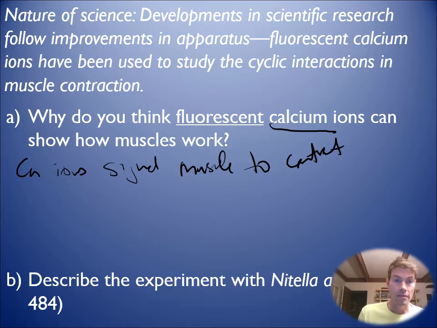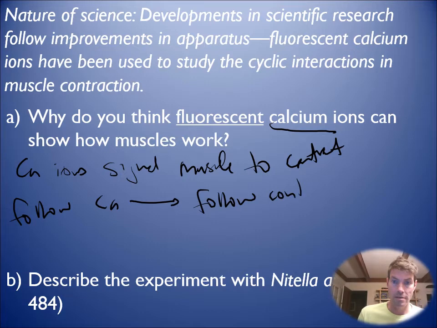So if you follow the calcium, you can follow contraction of the muscle. It's so common in science for fluorescent molecules to be tracked through different systems, so scientists can see what's happening.